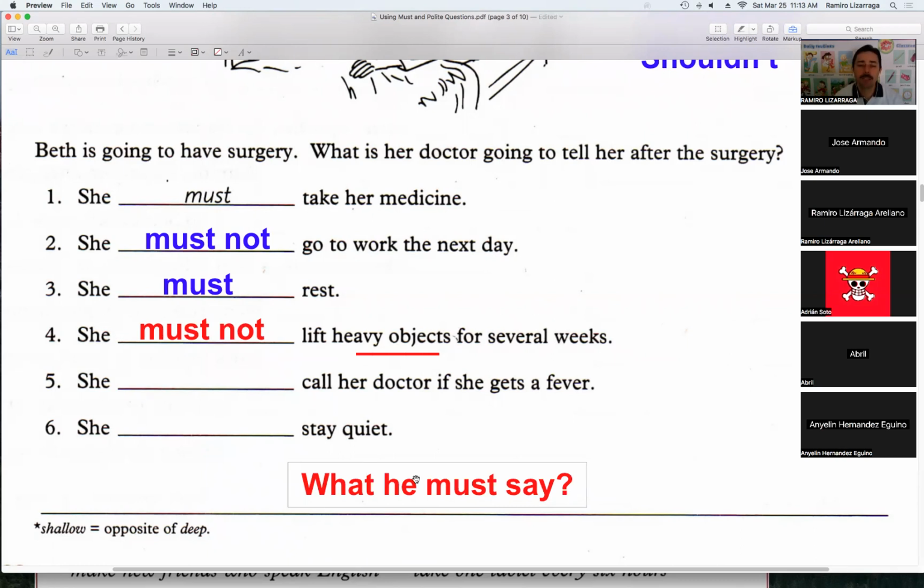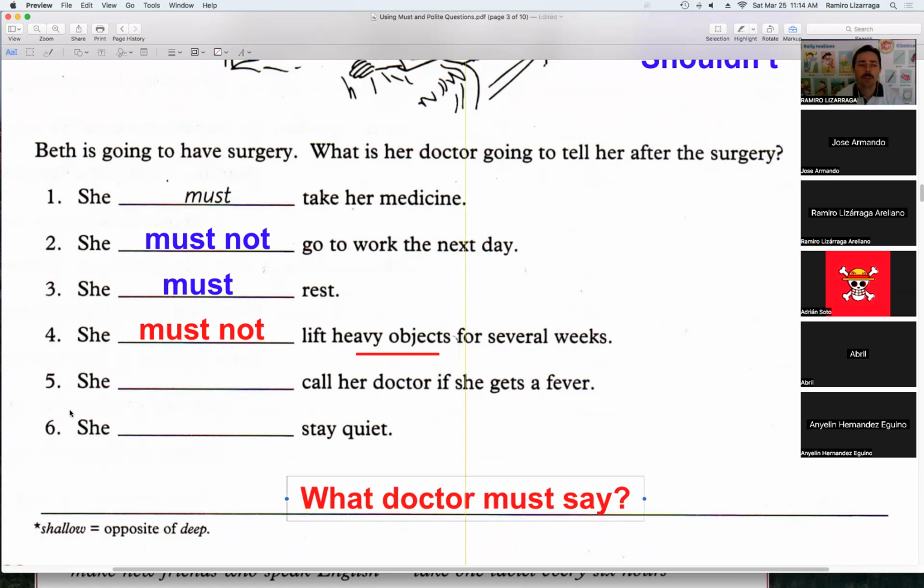Cuando hablo del he, hablo del doctor, ¿no? What the doctor must say. Puedo cambiarlo así. What must the doctor say? What do you think? So she must call the doctor. She must not call the doctor, or she must call the doctor. What do you think?